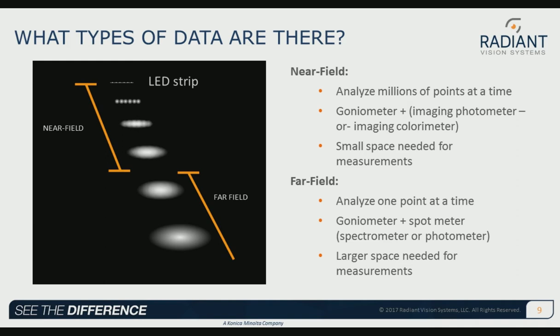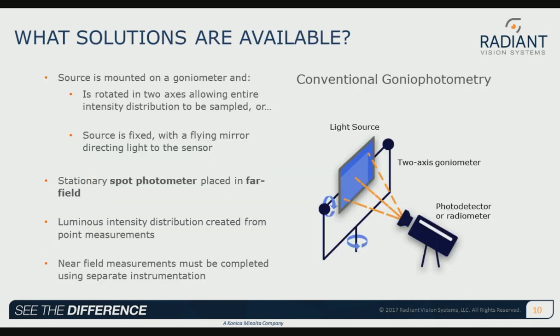With conventional goniophotometry, there are two options. First, the light source might be mounted on a two-axis goniometer, which rotates in both axes and would allow the entire intensity distribution to be sampled, or the source can be fixed with a flying mirror directing that light to the sensor.